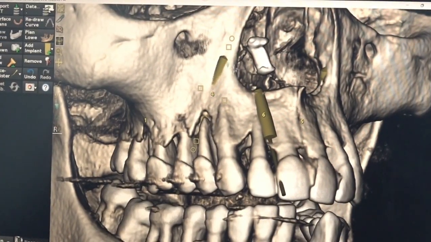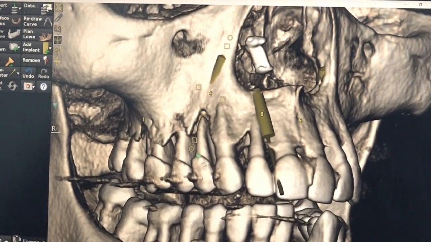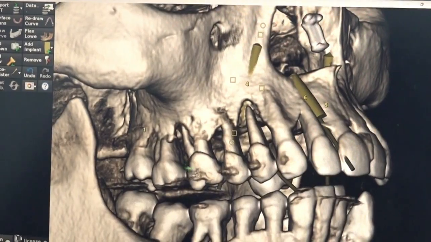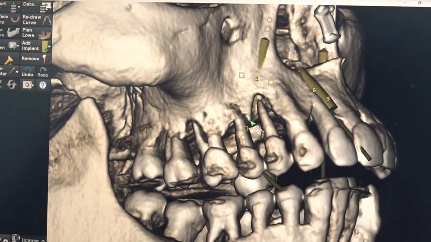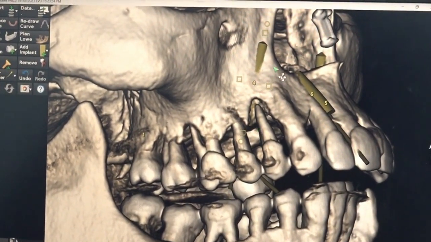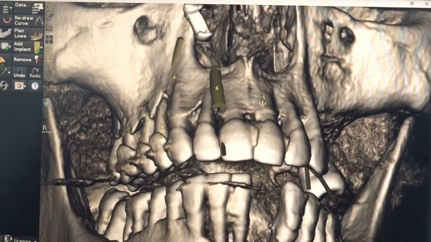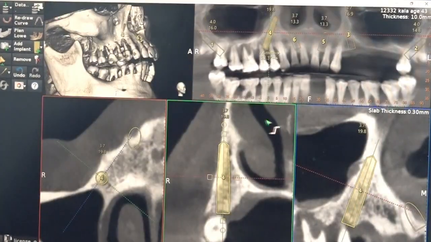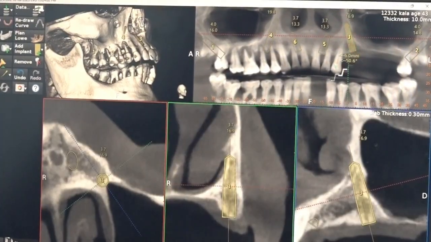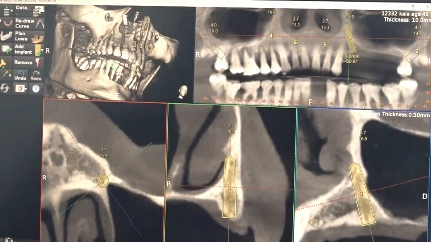So expose this area, mark it with pencil, mark the entry point between 4 and 5 from this edge, and we can do the drilling. This is right tilted. Now the left tilted, left nasomaxillary buttress. We will see.